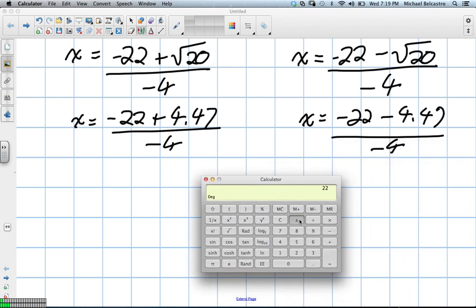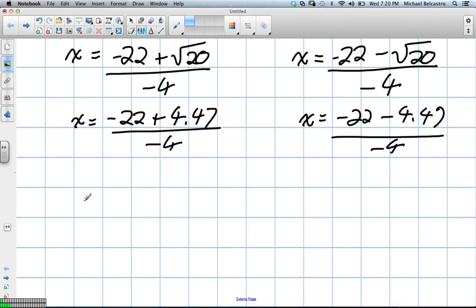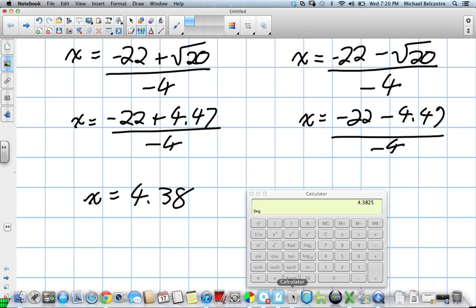Negative 22 plus 4.47 equals, divided by negative 4. 4.38, that's our first answer. Okay, so that's the one on the left I just did. X equals 4.38. And in this version, we'll do it all in one step on the calculator here.